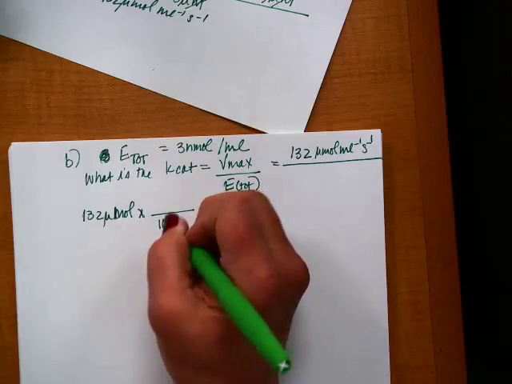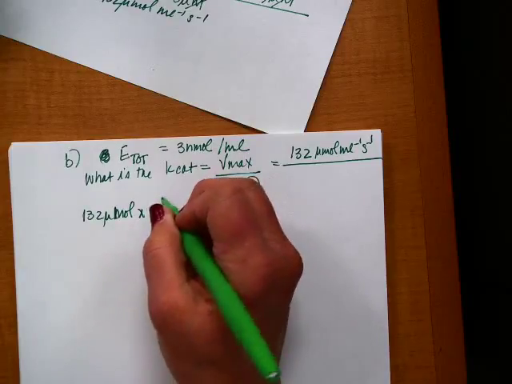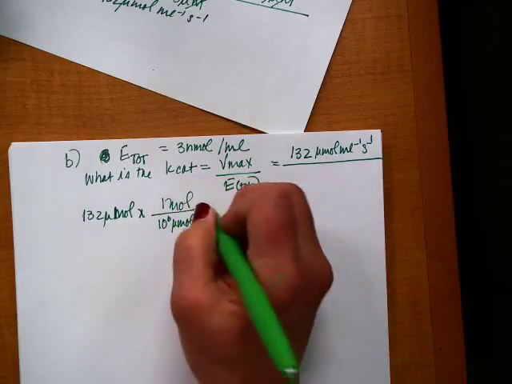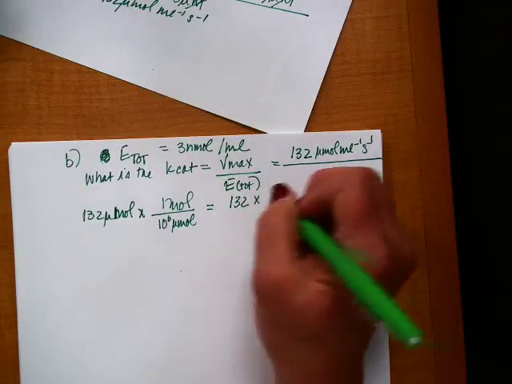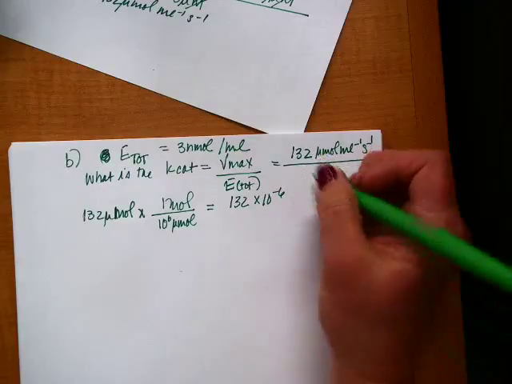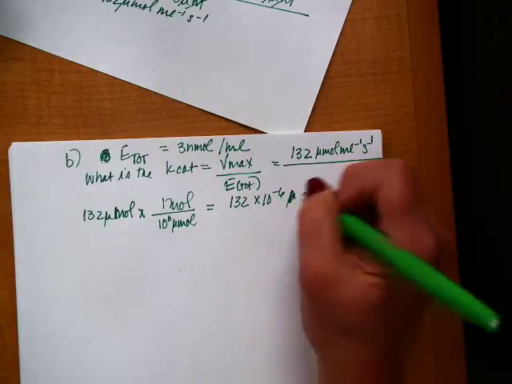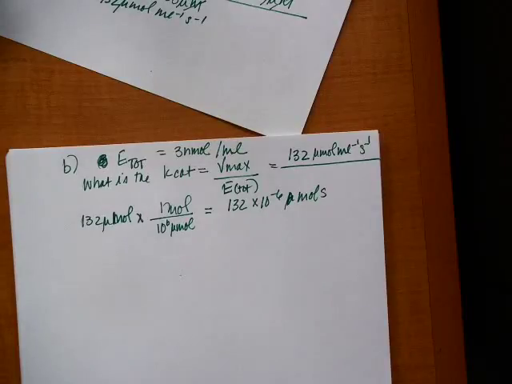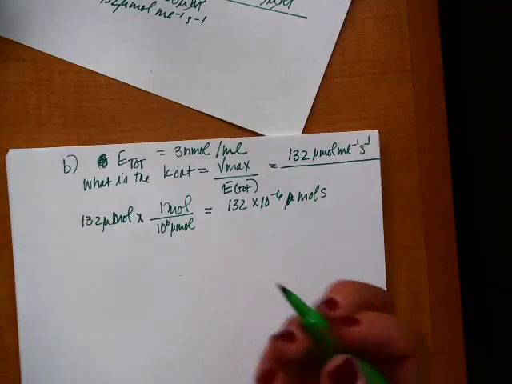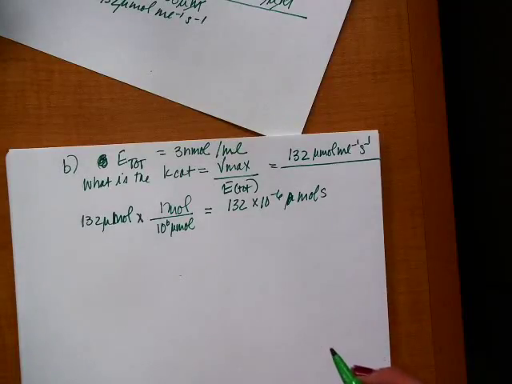We have 10 to the 6 micromoles in 1 mole, right? So that means I have 132 times 10 to the negative 6 moles. Do the same thing for nanomoles. Nano is negative 9.